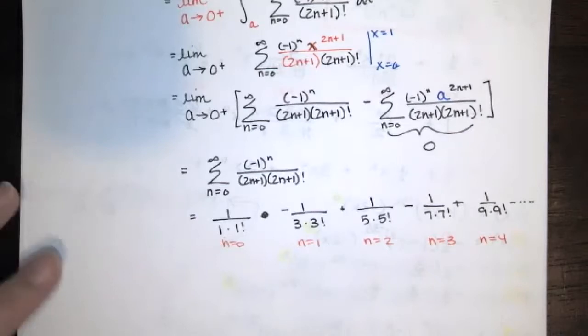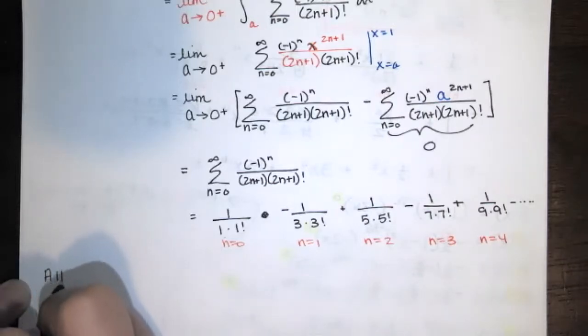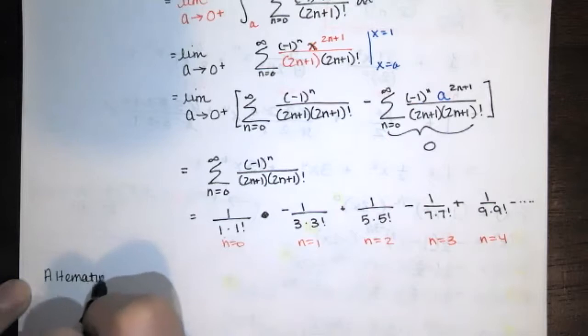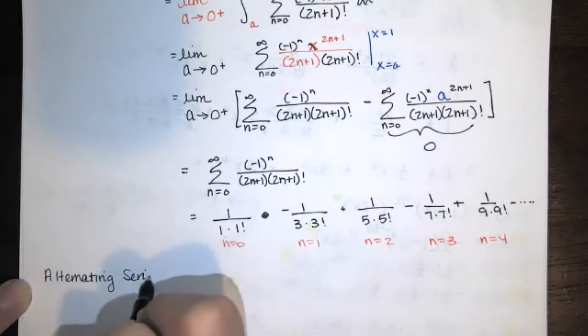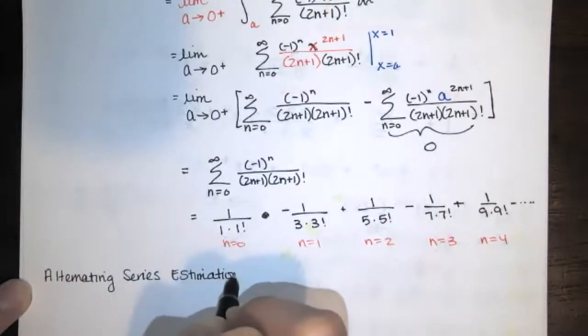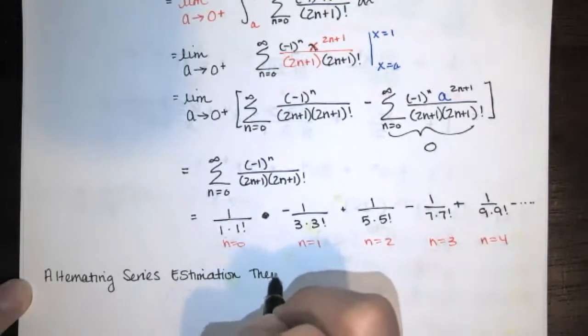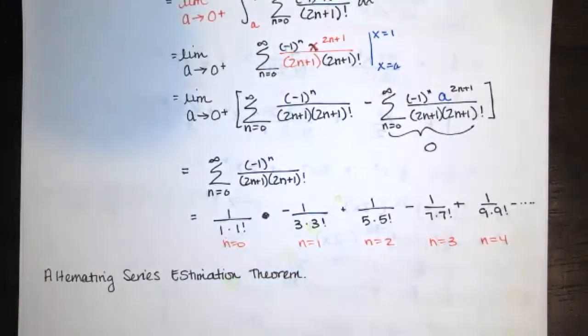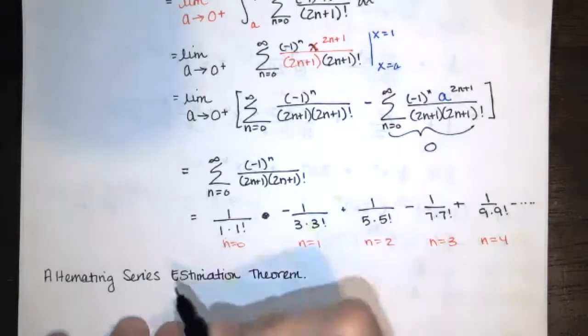So we can use the alternating series estimation theorem here. And so that's going to give us an upper bound on the error for an expression that looks like this. Okay, I guess in this textbook it's called the alternating series remainder theorem.